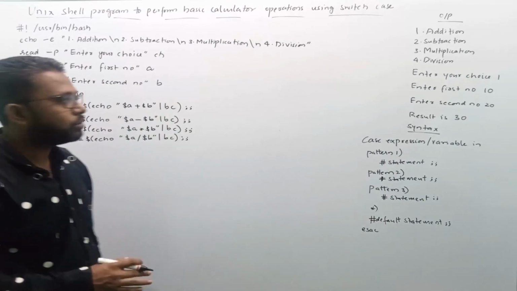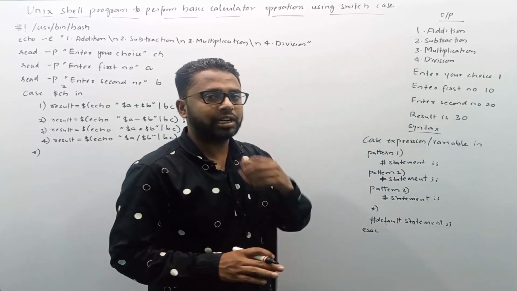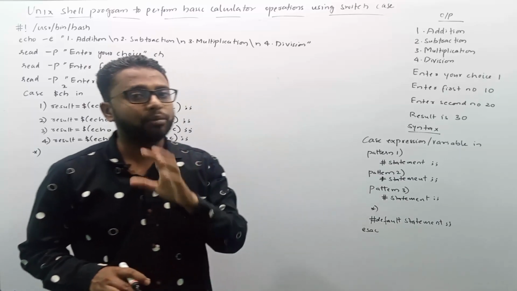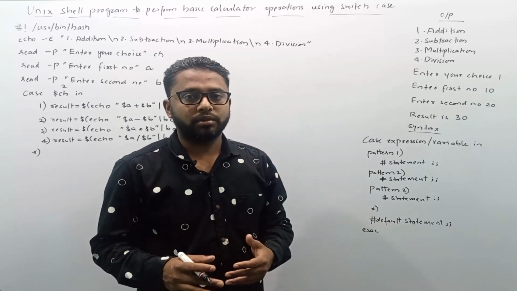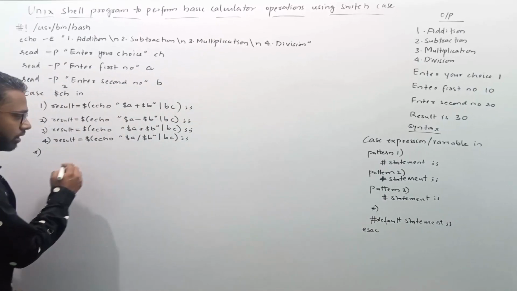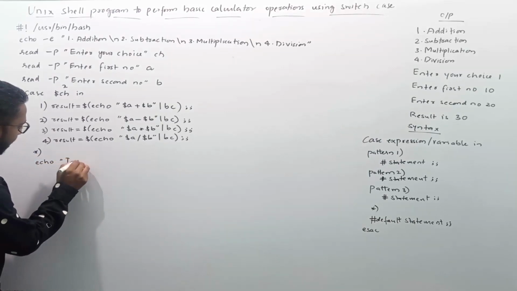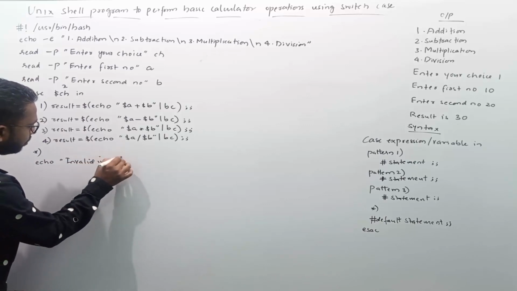What if the user enters any number other than these 4 numbers? Let us suppose the user enters 5 or 6. Then in that case we should show an appropriate message to the user saying invalid input. I need to write that here: echo invalid input.